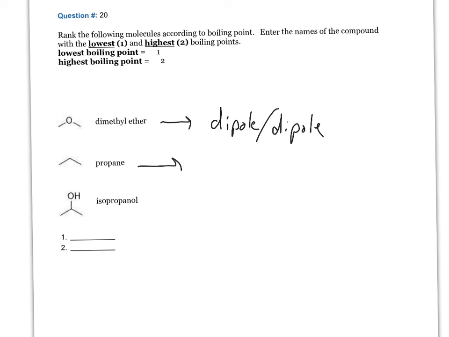Propane, no heteroatoms, so that's London forces only. Okay, the weakest. And then isopropyl alcohol, or isopropanol, can hydrogen bond.